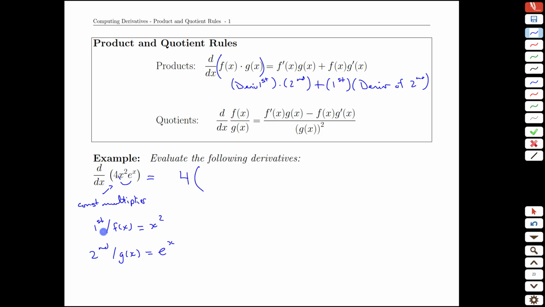What's the derivative of the first function, the f? Well, the derivative of x squared is 2x, and then we multiply that by the second unchanged, which in this case here is e to the x. Then we add the first unchanged, the first function is x squared, and then here it's a little challenging to see what we've actually done because we're going to take the derivative of the second term, but the second term is an e to the x, and the derivative of e to the x is also e to the x.